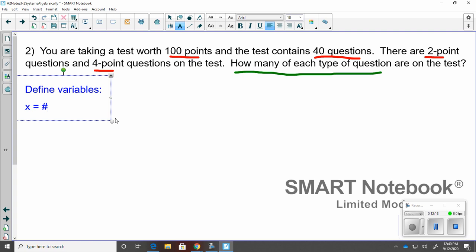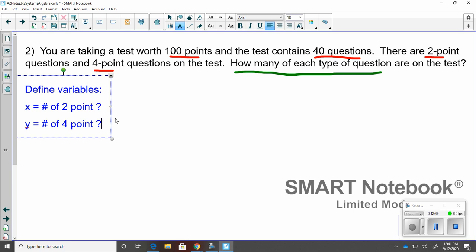Well, there are 2 different types of questions on this test, and as I go back and read it, the second sentence is telling me there are 2-point questions and 4-point questions. Since the 2-point questions came first in the reading, I'm going to let X be the number of 2-point questions. And I'm going to let Y equal the number of 4-point questions.